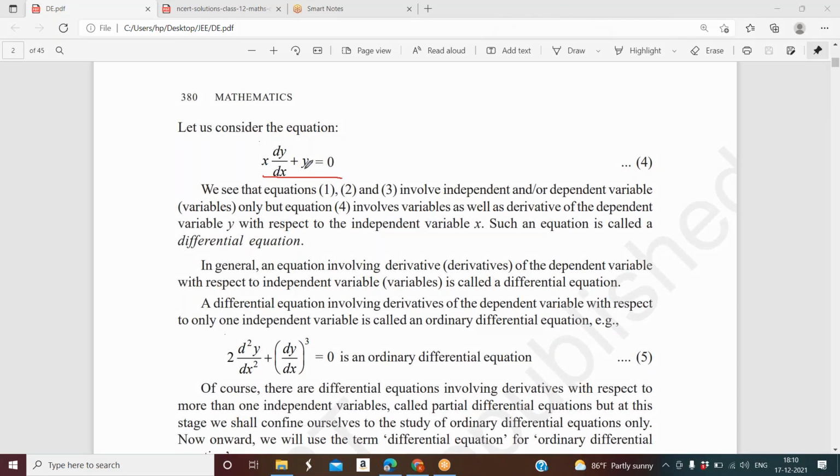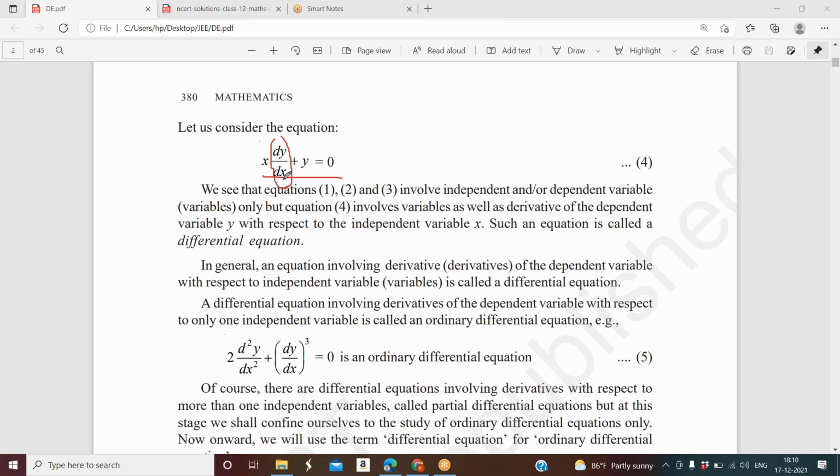X into dy by dx plus y equal to 0. What is this dy by dx? It's a derivative, y with respect to x. So this equation involves derivatives, that is dy by dx. Therefore, it is a differential equation.